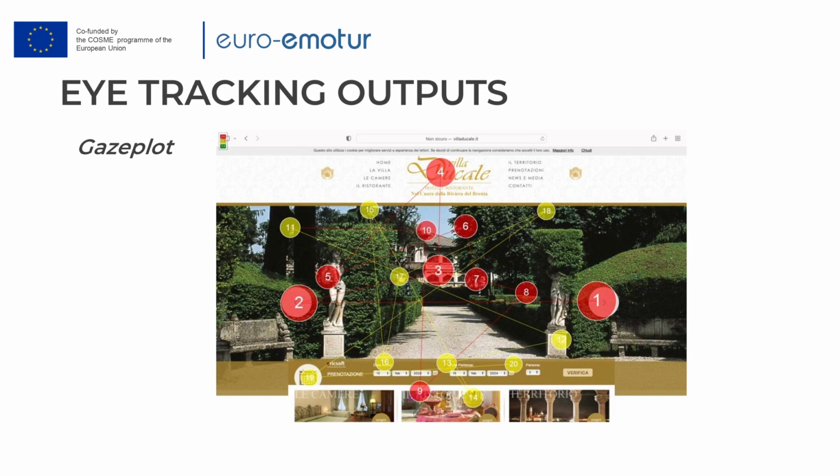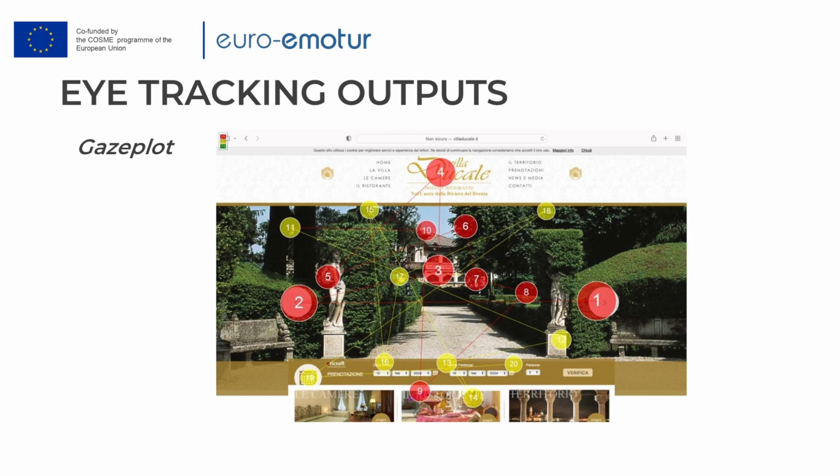The gaze plot allows us to follow the path the gaze follows on the web page, and this is represented with balls, which represent the points where the gaze focuses, and then with lines, which represent the points where the gaze doesn't focus, but where it jumps to focus on another specific spot.